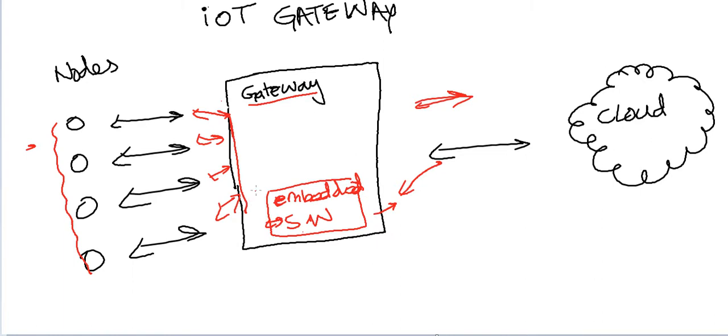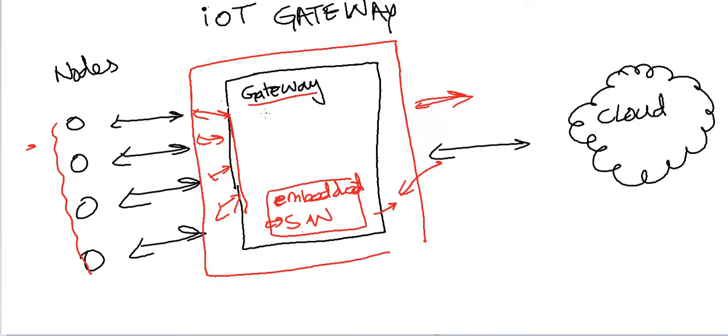So this is an implementation of a gateway: it has the ability to translate the protocols, to integrate these networking protocols in it, and to have embedded software installed in it, and the sensors are all lying outside.